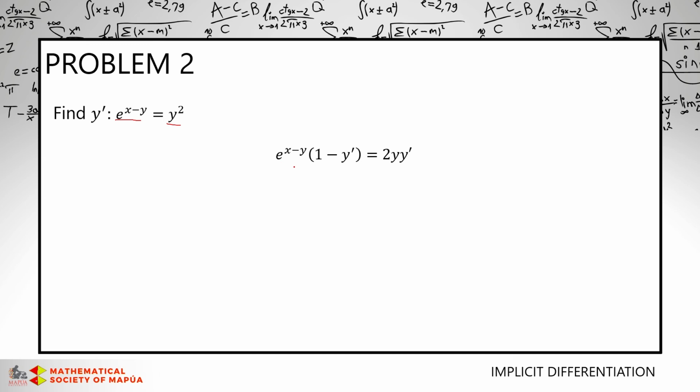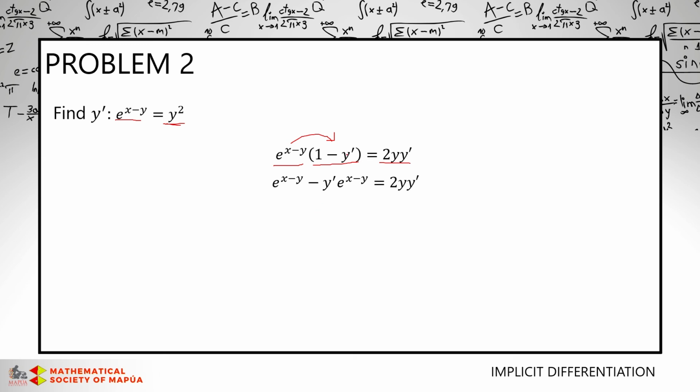Diba? So, we copy, ito yung e raised to u, then the derivative of your exponent, x minus y, diba? The derivative of x is 1, and the derivative of negative y is negative y prime. And for this case, y squared, the derivative niya is 2y, y prime. And i-distribute natin to. We have e raised to x minus y, then 1 minus y prime, e raised to x minus y.